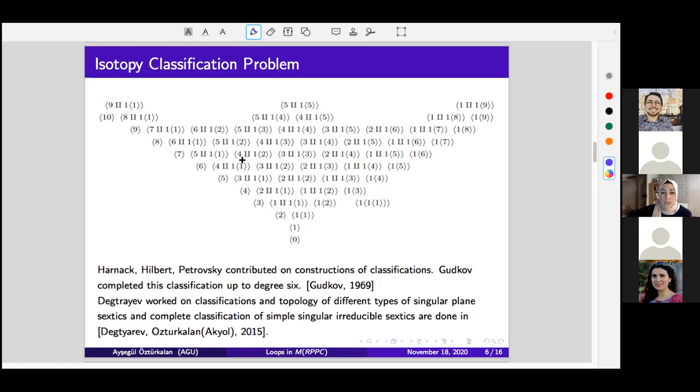What does it mean? Let me try to tell you. When I say 3 union 1, 2, it means we have 3 ovals on the outside, 1 oval here, and 2 ovals inside. There exists a scheme containing these ovals.